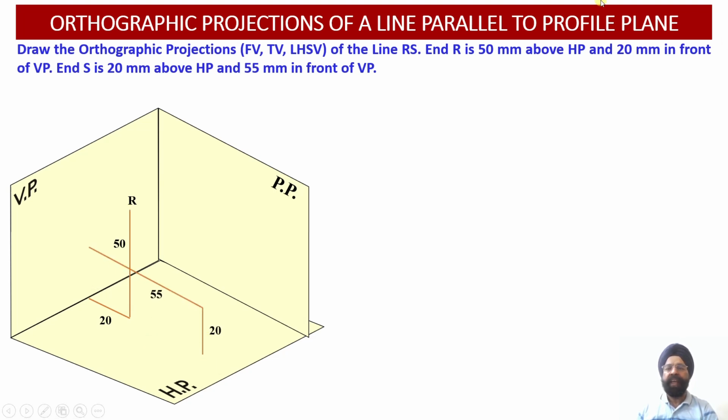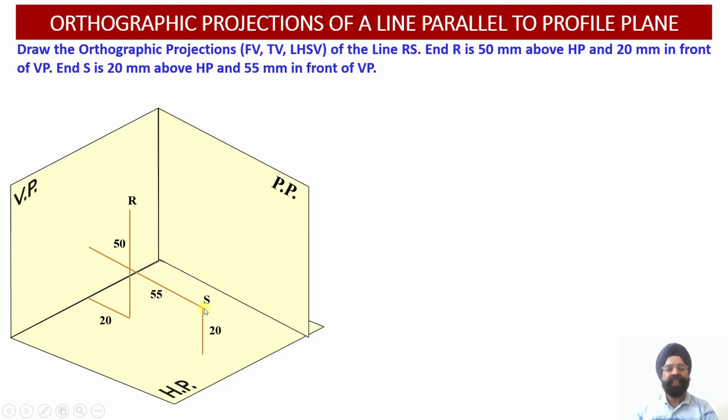Similarly, we know that point S is lying 20 millimeter above the horizontal plane and 55 millimeter in front of the vertical plane. So we have located point S 20 millimeter above the horizontal plane and 55 millimeter in front of the vertical plane.